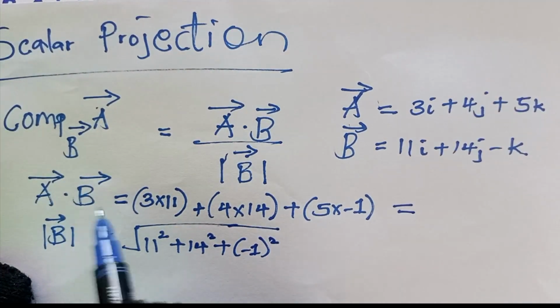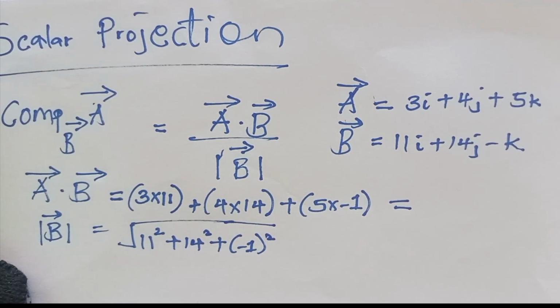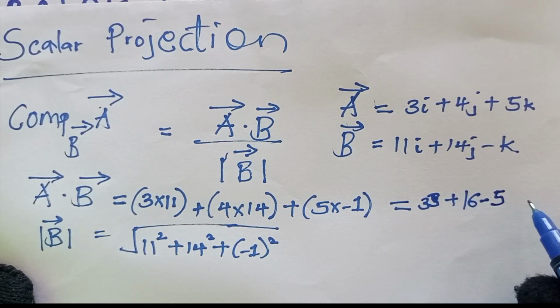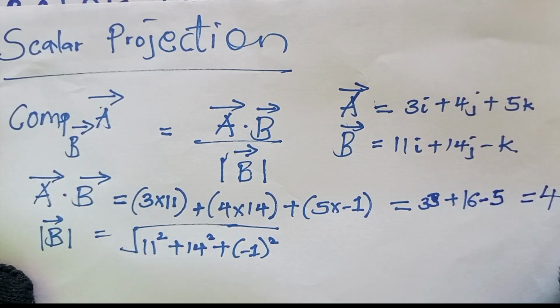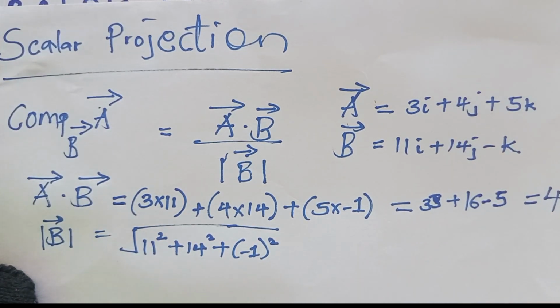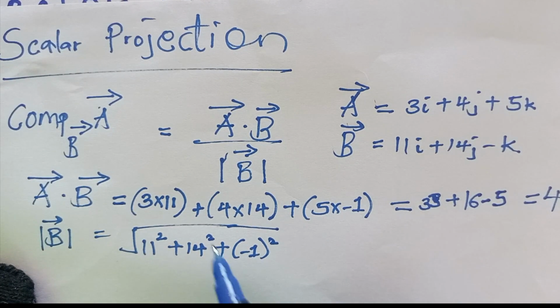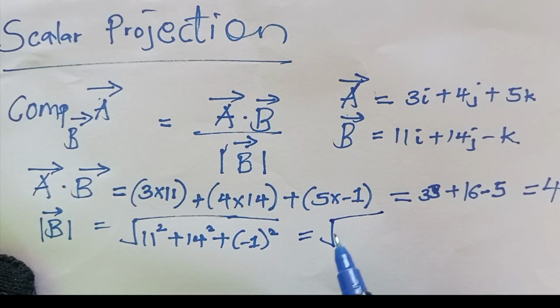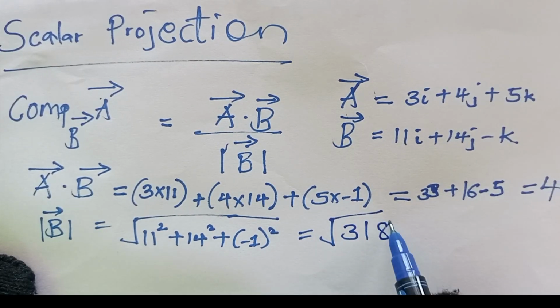And so A dot B will give us 33 plus 16 minus 5, which is 44. And the square root of 11 squared plus 14 squared plus negative 1 squared is root 318.